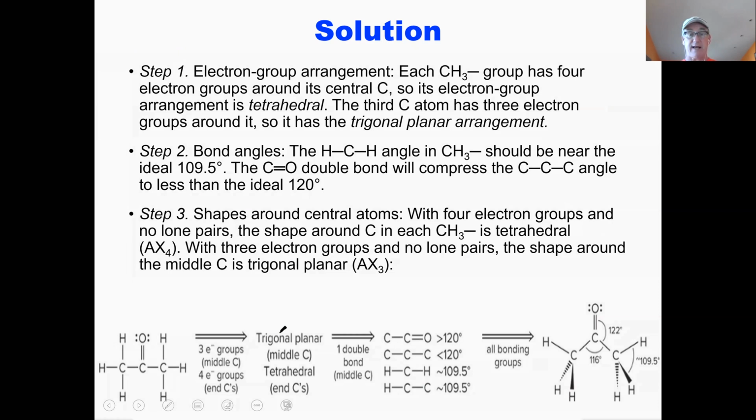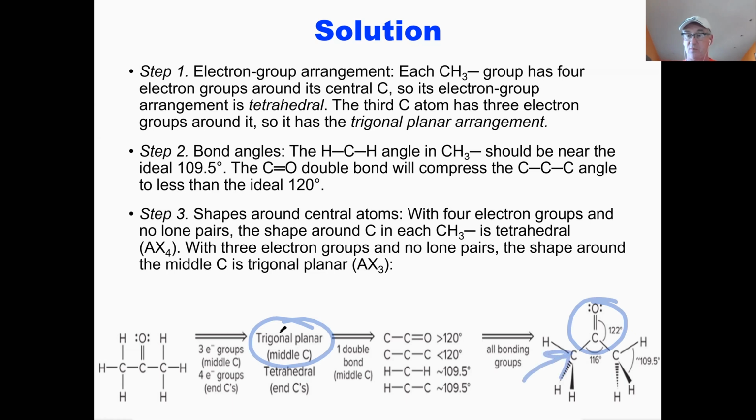So here's what it looks like. And we were correct that we have a trigonal planar overall shape because this carbon is trigonal planar.